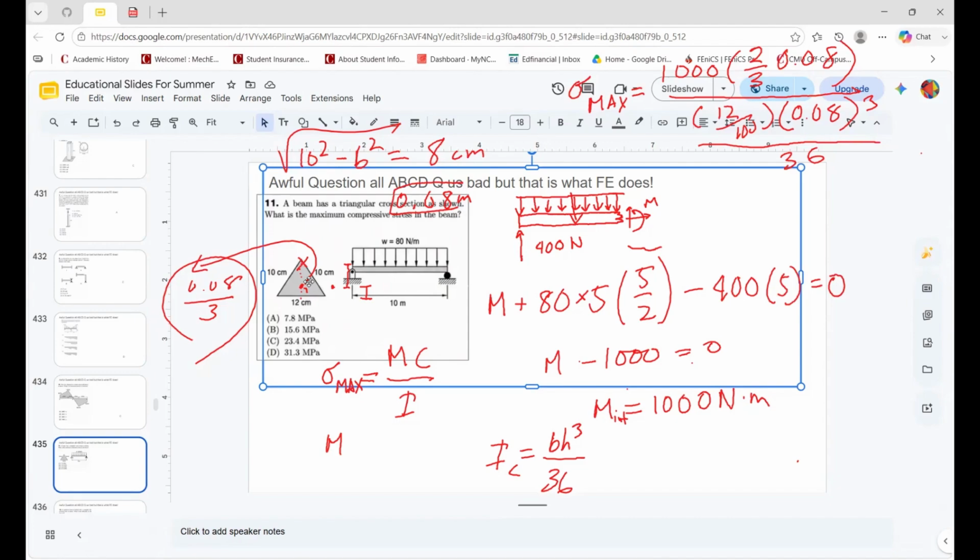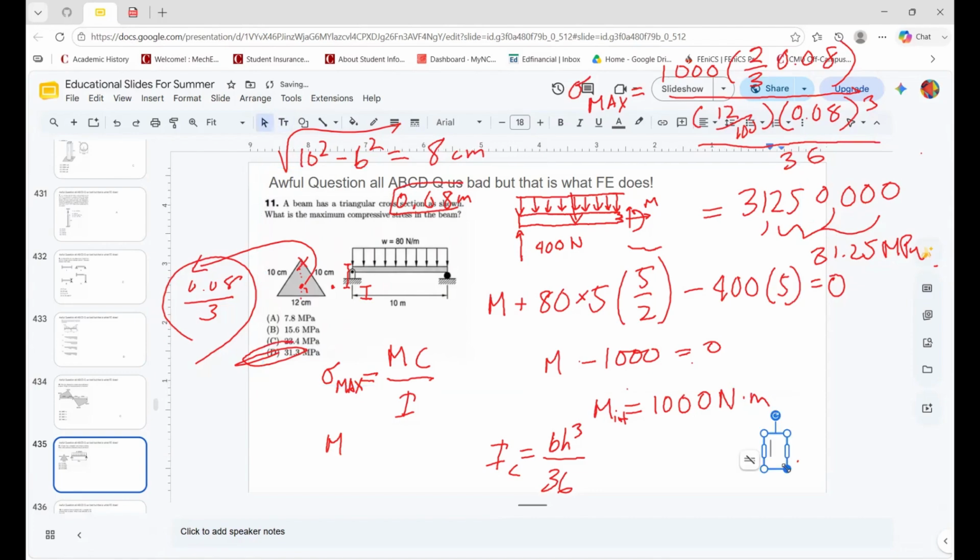Why is it not giving me 100? My apologies, my calculator seems to not work on that one. Okay, now it's working. I get 3,125,000,000, which is 6 zeros, so it's mega. So you just do 31.25 megapascals. As you can see, that is that. And we can finish it like this.